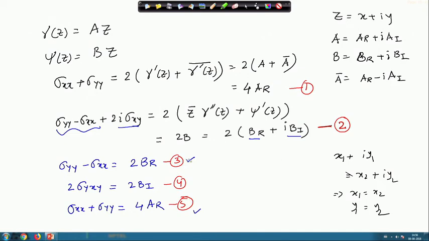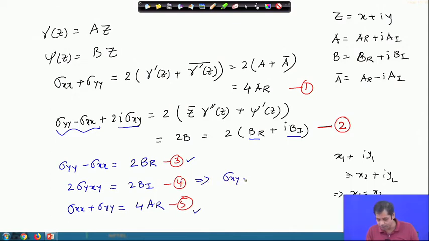So, if you solve 3, 4 and 5, these equations straight away give you sigma xy equal to bi, and similarly you get expressions for sigma xx and sigma yy in terms of ar and br.